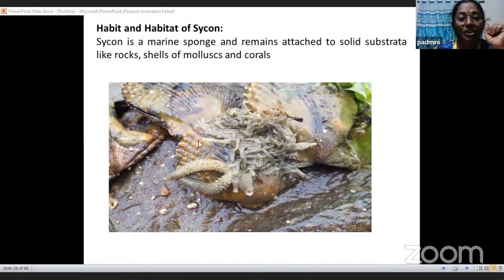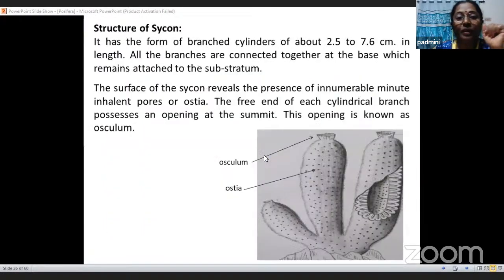So this is a shell that you can find, molluscan shells, and you can find the sponges attached on them. Okay, structure of the Scypha: as I told, they can be anywhere between 5 to 10 centimeters long. Here they are branched cylindrical structures up to 2.5 to 7.6 centimeters.